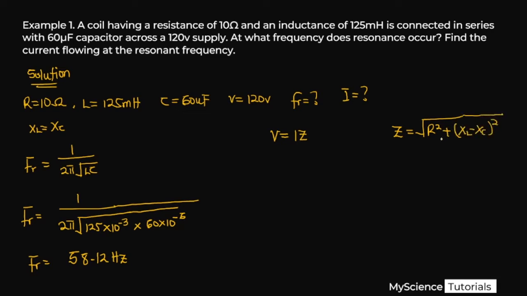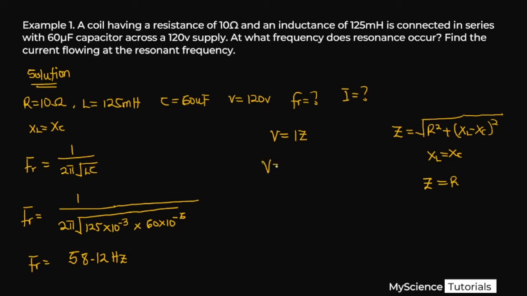But remember, at resonant frequency XL is equal to XC. And when that happens, our impedance is equal to the resistance in this entire circuit. So we don't need to find the impedance, as the impedance is equal to the resistance.